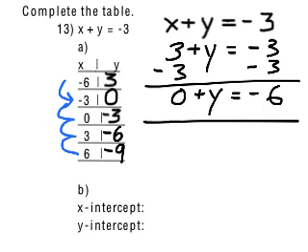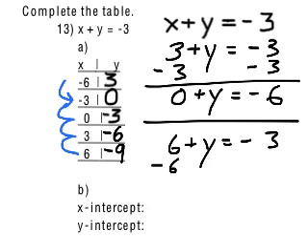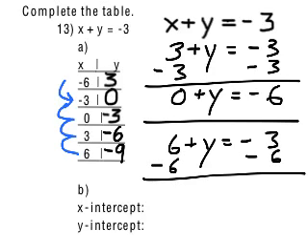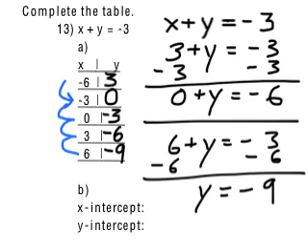If we substitute in 6, 6 plus y equals negative 3, and we add a negative 6, you can see we get y equals negative 9. Okay, so now we have to find the intercepts, which we already talked about. Our x-intercept is where y is 0, so it's negative 3.